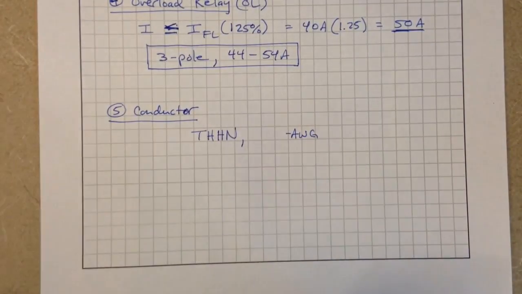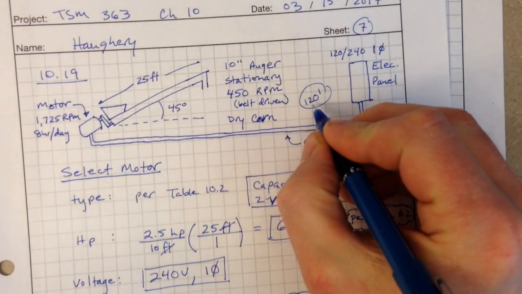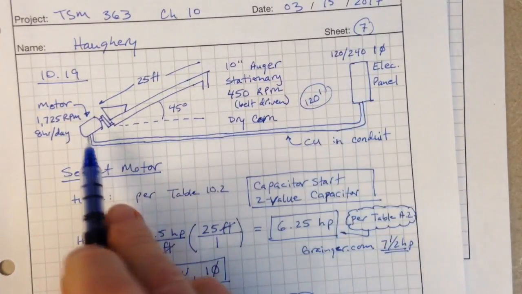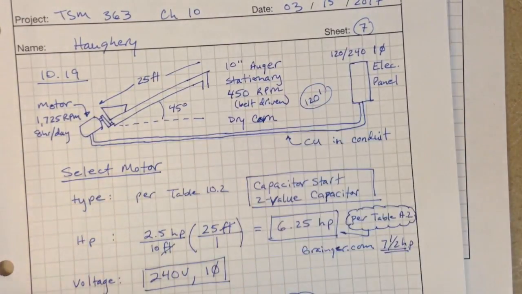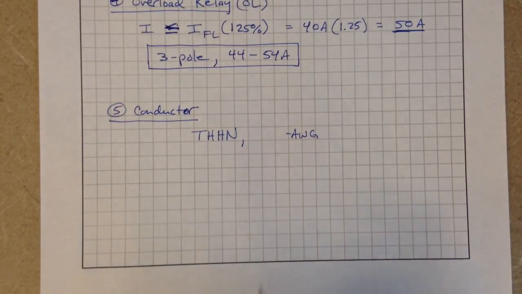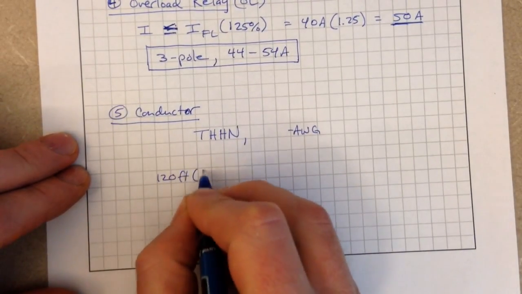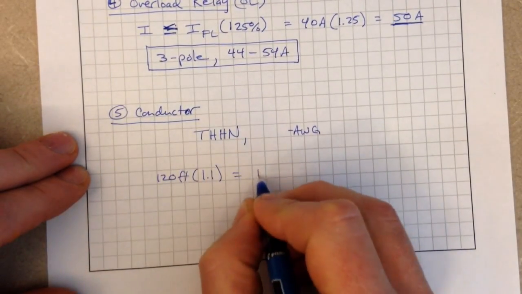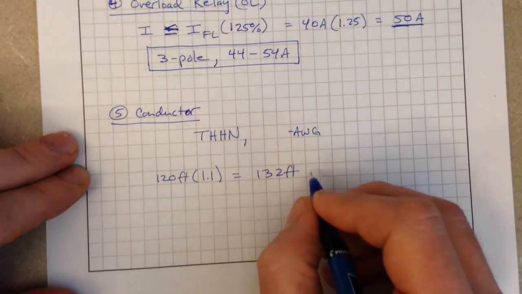So we can look at two different things, ampacity and voltage drop. One thing I failed to mention previously, we have a 120 foot dimension between our motor and our electrical panel. So 120 is our single one-way distance. Adding 10% for connection, we have 120 feet times 10%, 132 feet one way.